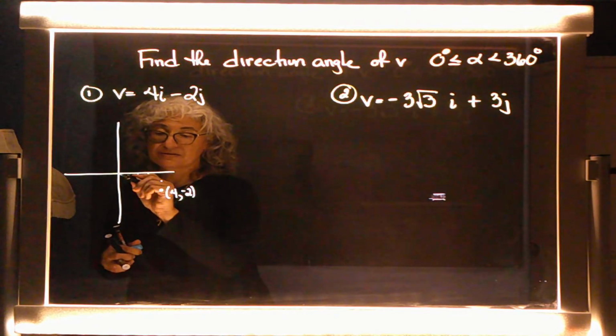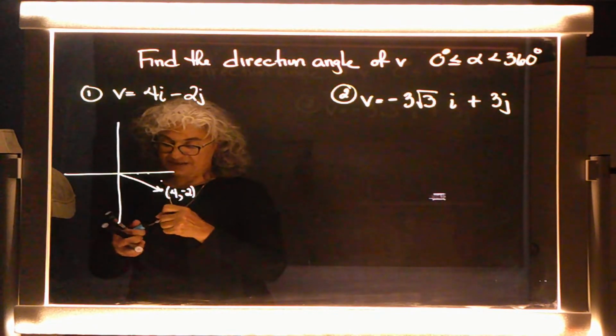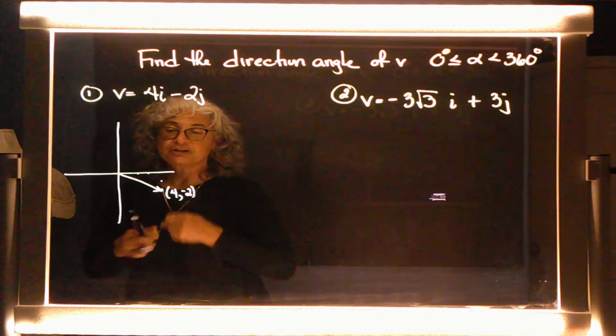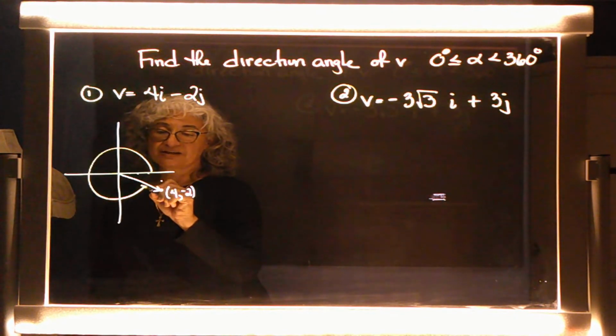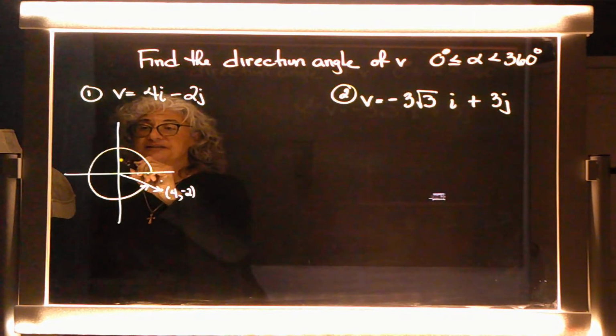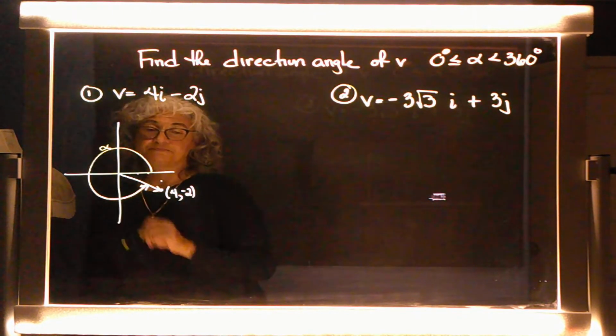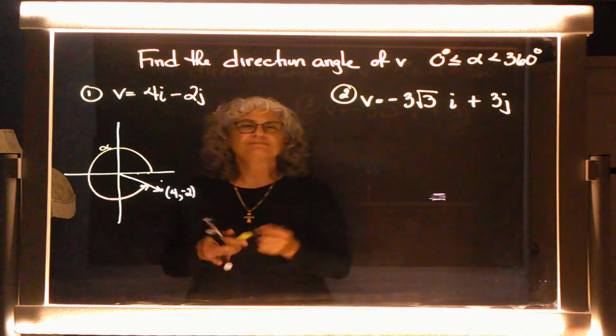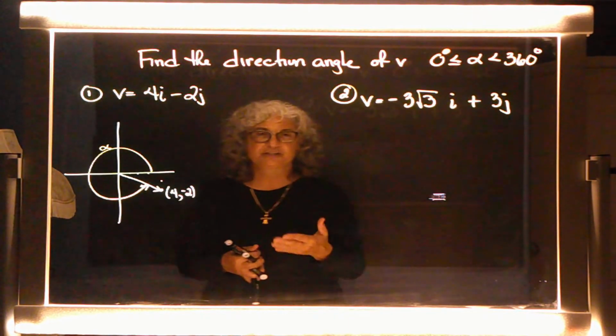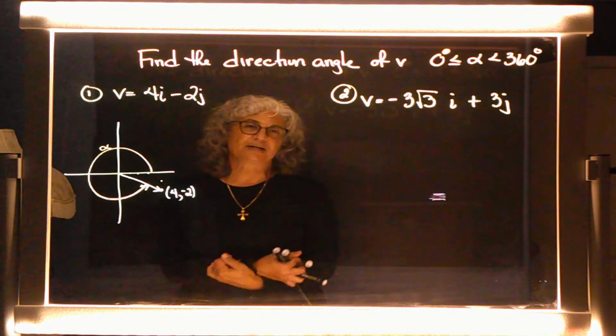That means, so there's my vector, this means the alpha I'm looking for, remember from the positive side of the x-axis to this vector. This is supposed to be your alpha. And we've got to find that. So, well, how do you find it? Well, here's something that we need to remember. They gave us x and y, didn't they?